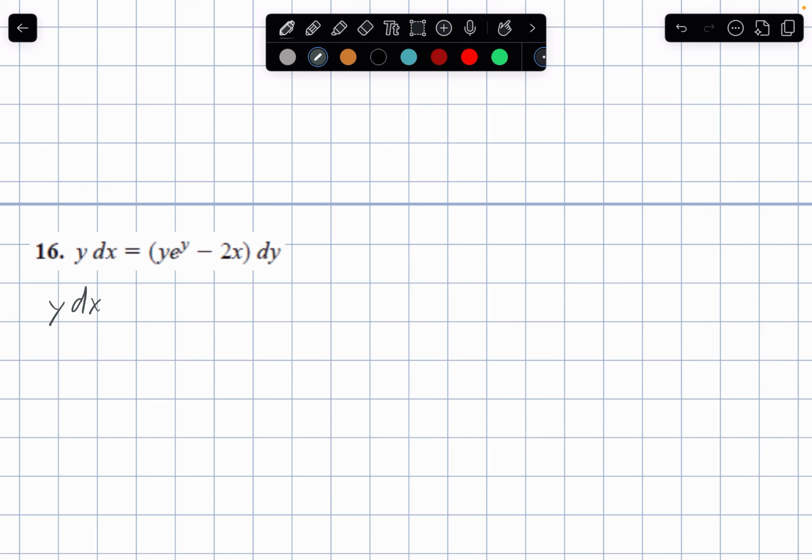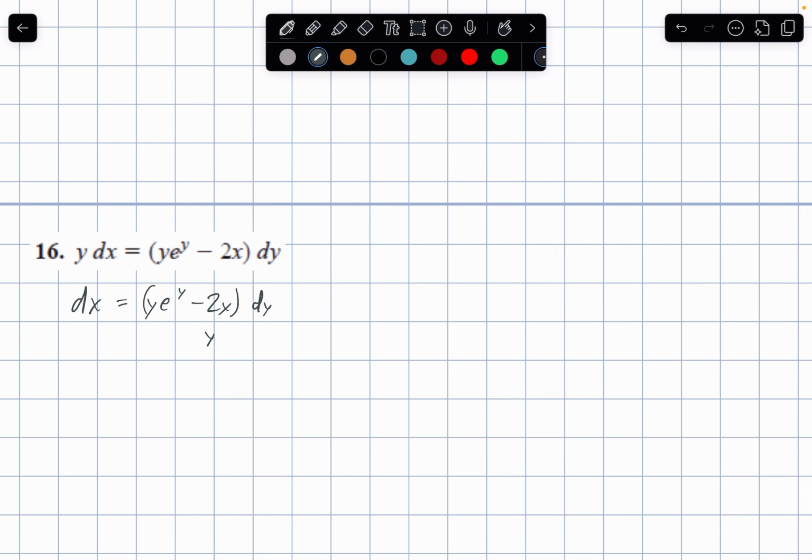Okay. Let's do this. Y dx equal to... I have a feeling that this is linear in x. Yes, it is linear in x, I believe.